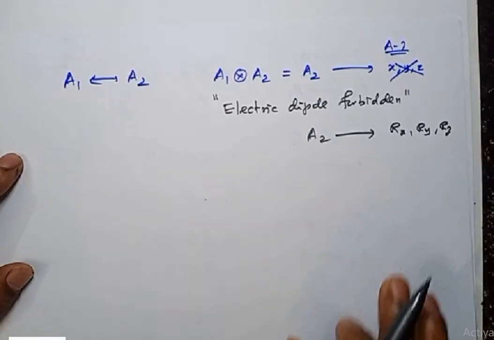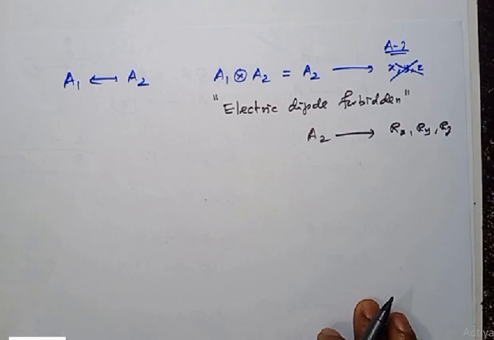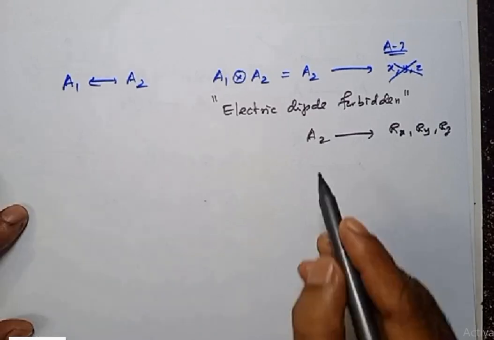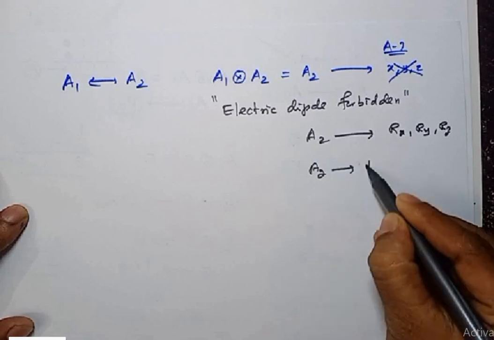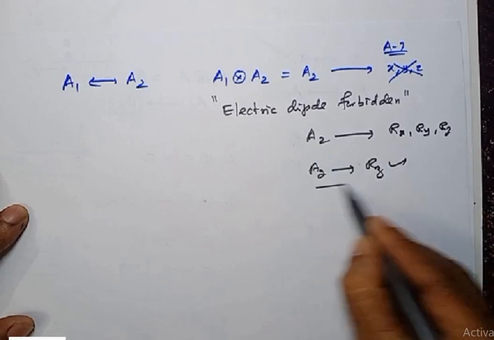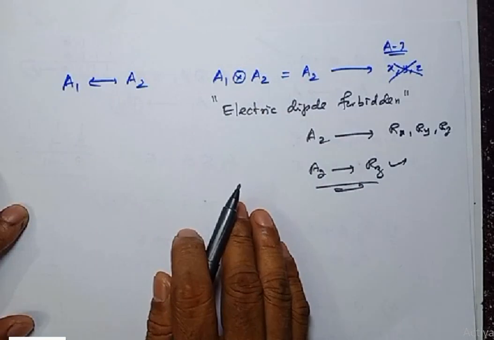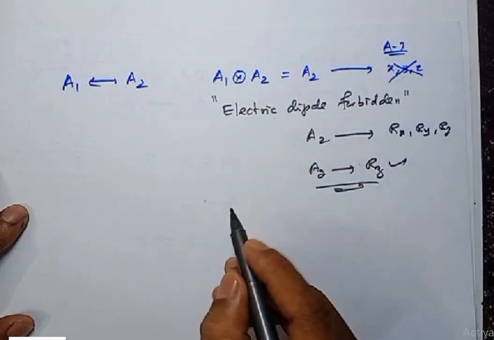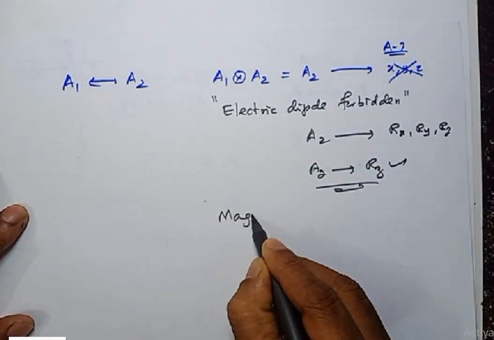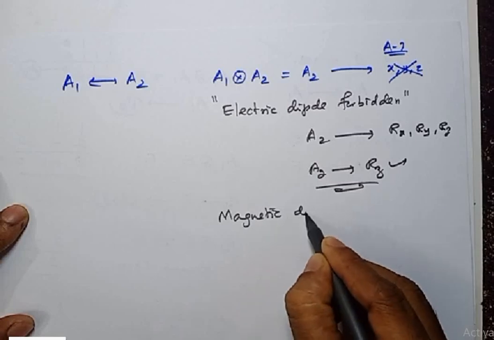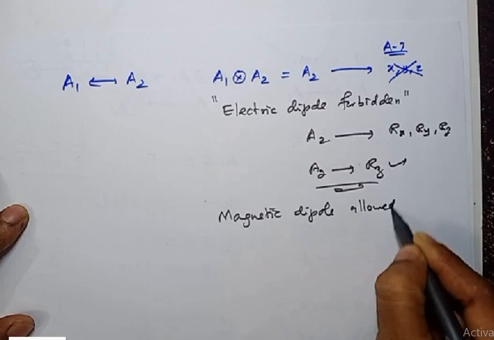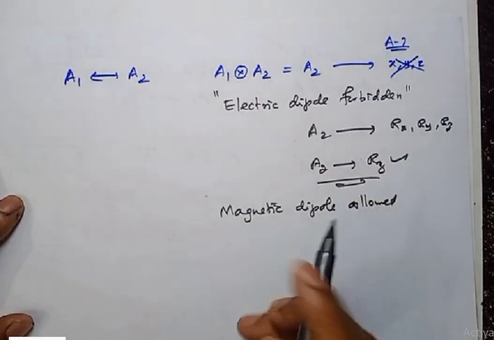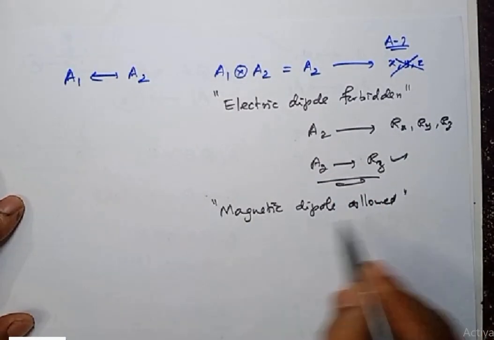Does anyone exist? Yeah. So along A2 in the character table, we have Rz, which means the same transition is magnetically allowed. This is a magnetic dipole allowed transition. Okay, so remember, this is very important information.